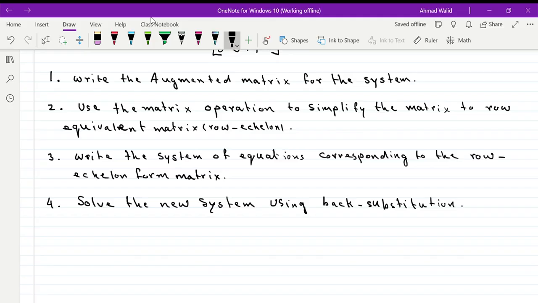4 steps. Now, I will do an example for you and I'll show you each step of how you solve a system of linear equations. It doesn't matter right now, after you learn matrices, if they give you a system of linear equations with 10 variables.